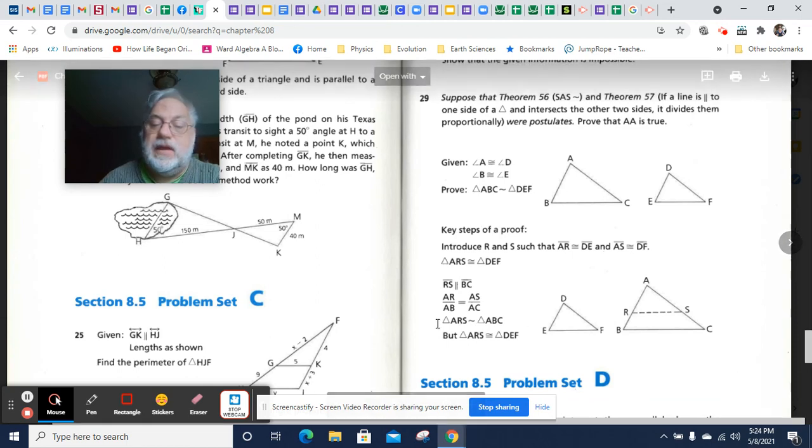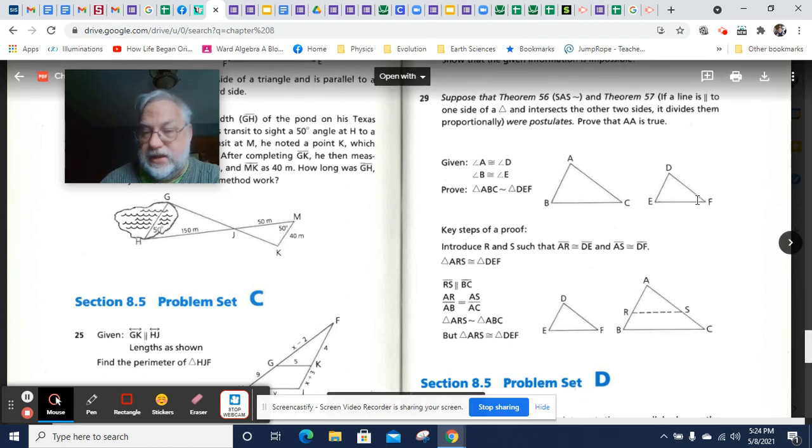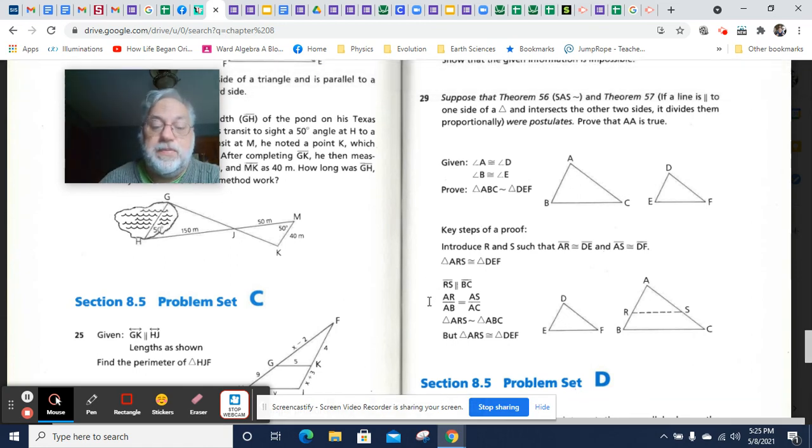Now, that tells us that ARS is similar to ABC. But ARS is congruent to DEF, and so then we can just use the transitive property to say that if ARS is similar to ABC, then DEF is also similar to ABC. And that's pretty much all there is to do it, and I hope that was helpful.